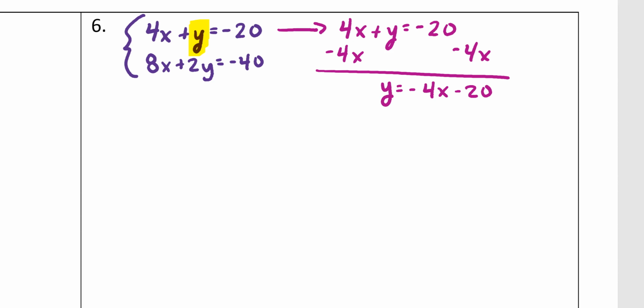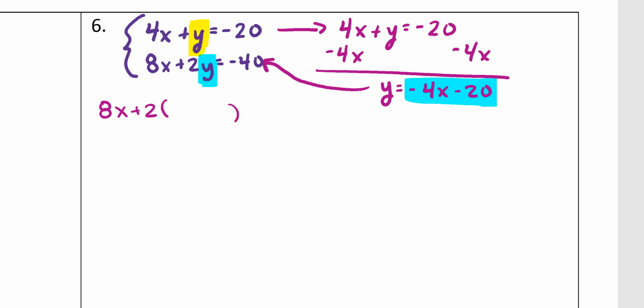Now again, we're going to plug in for y, this right here. So we're going to have 8x plus 2 times that y equals negative 40, and that y is negative 4x minus 20. Distribute.